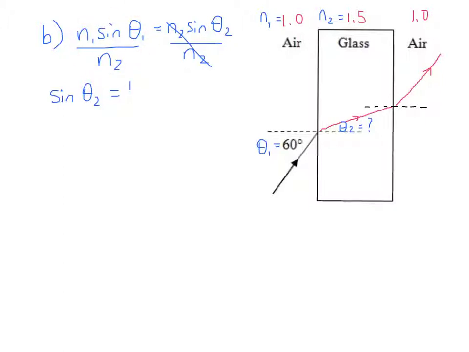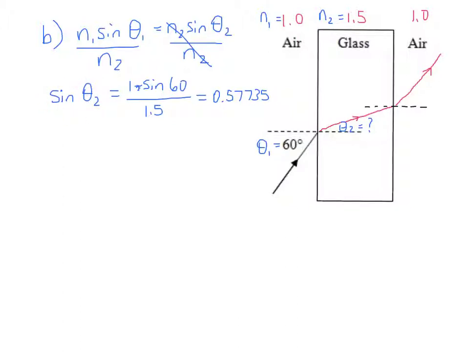N1 is 1 times the sine of theta 1, which is 60 degrees, divided by the n2, which was the 1.5. So 1 times sine of 60 divided by 1.5 is equal to, and I'm actually going to round this number to about 5 decimal places just to make the final answer a little bit more accurate. So it's 0.57735. That's what the sine of theta 2 is equal to.